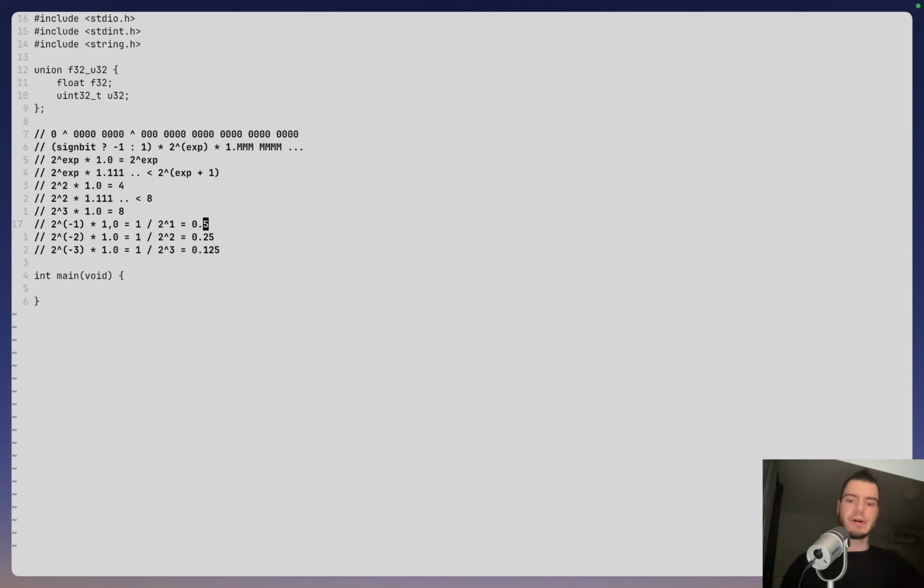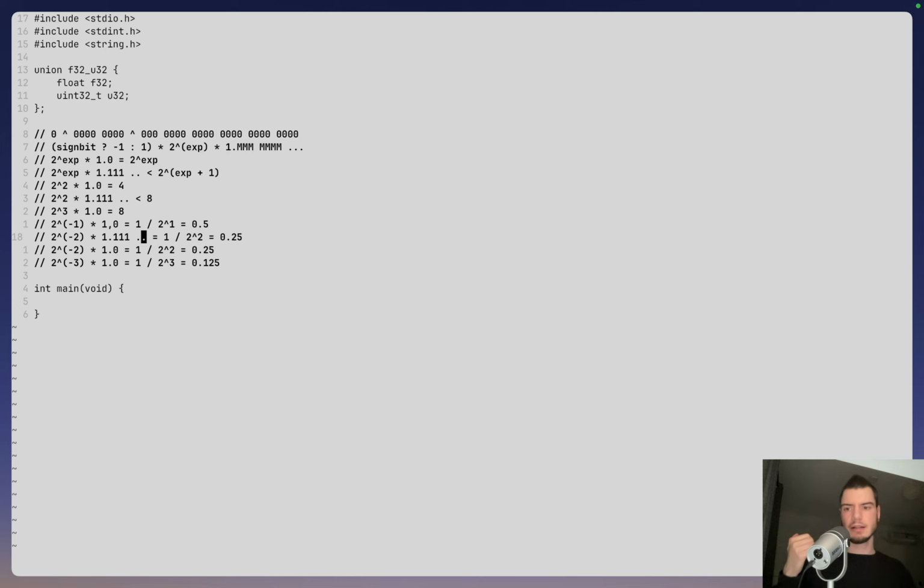All right, so if our mantissa bits, let's go back to this example, are all ones, we get, actually let me put it above, because now we get close to the value 1 divided by 2. So we're interpolating between 0.25 and 0.5.